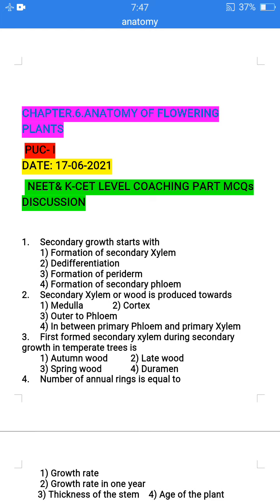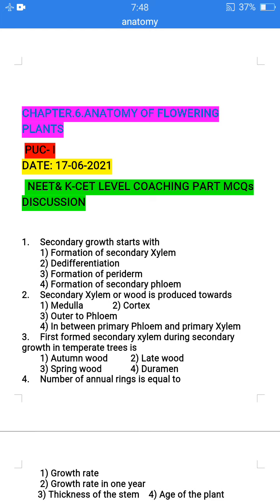The first is the vascular cambium, and the second lateral meristem is the cork cambium. These two are responsible for dedifferentiation in all the tissues meant for the increase in secondary growth.